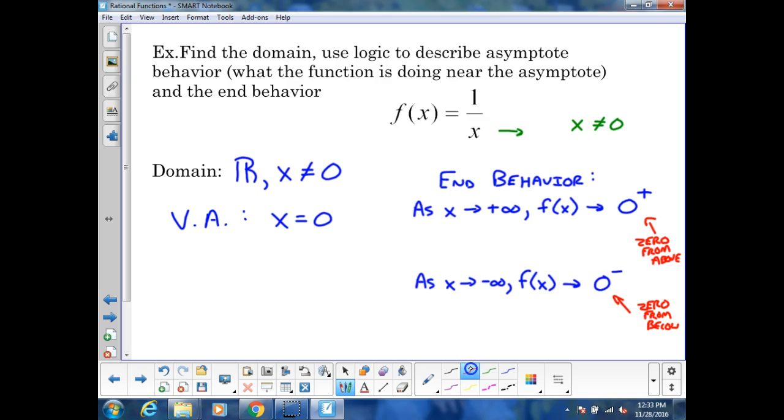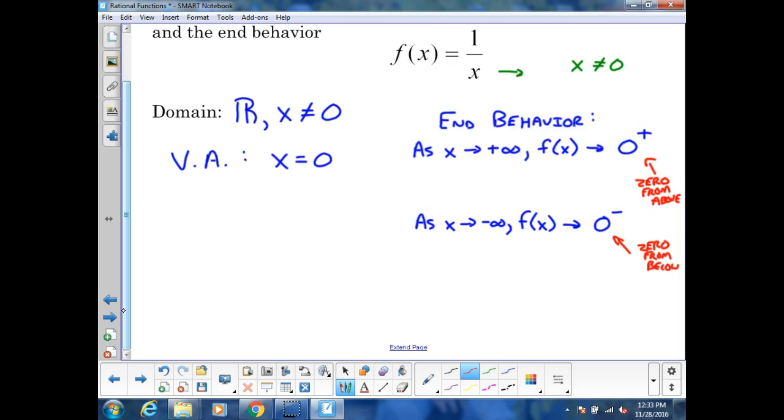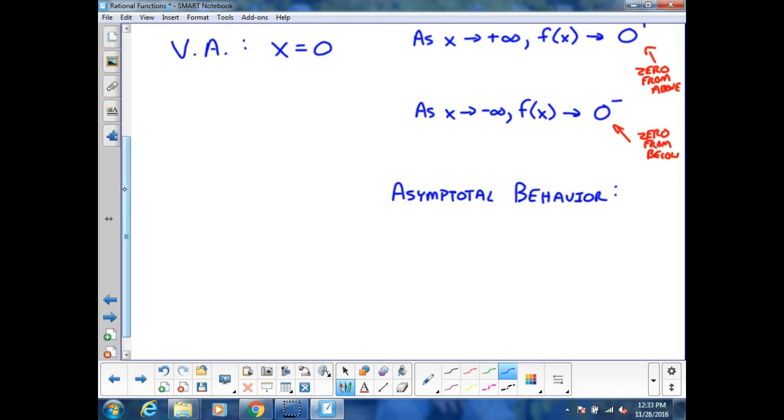So there's my end behavior. Okay? Now, here comes the funkiness. Now we've got asymptotal behavior. My asymptote was x equals 0, right? So now I'm going to talk about what my function is doing as x goes to 0 from the left.